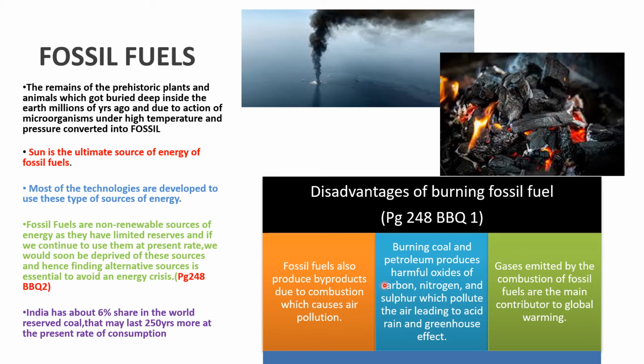Then since carbon dioxide is produced, which is a greenhouse gas, it will lead to the greenhouse effect as well. The combustion of fossil fuels is also a main contributor to global warming, because ultimately they are increasing the temperature of the environment.